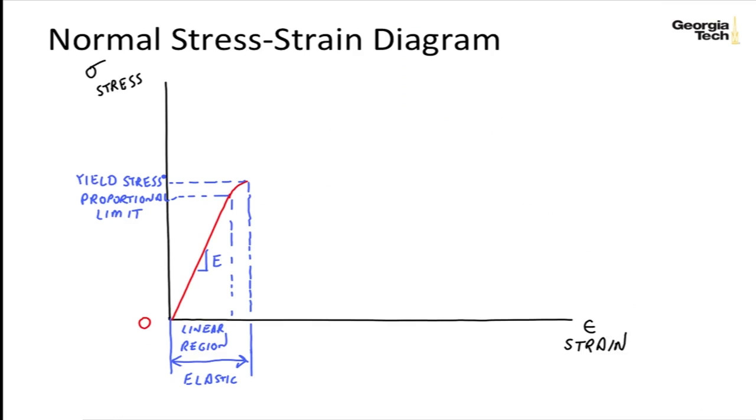Once we get into after the yielding, we start to get a lot of strain for little or no increase in stress. And so we go along, and this can be a very, very long section. So I'm going to put some marks here indicating that it could go on quite a ways.